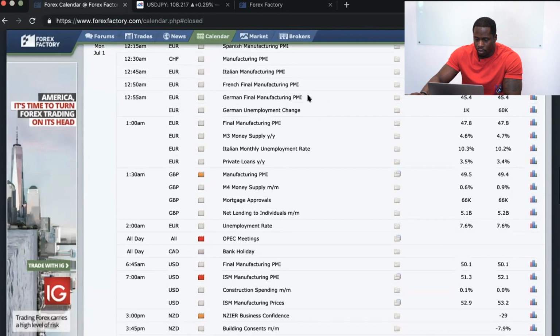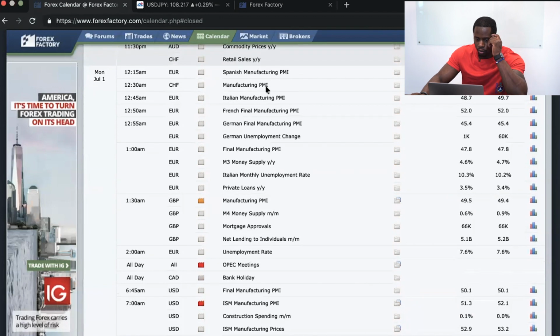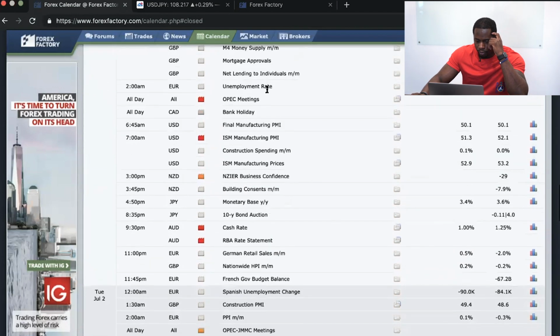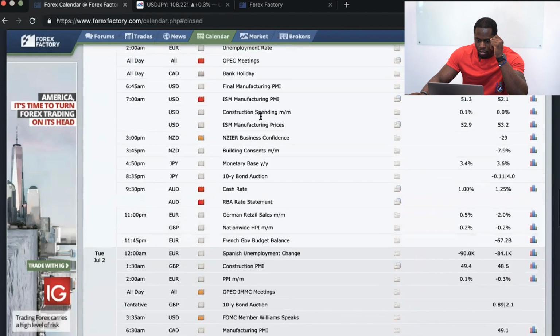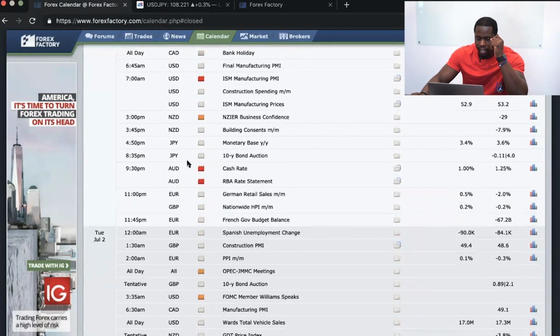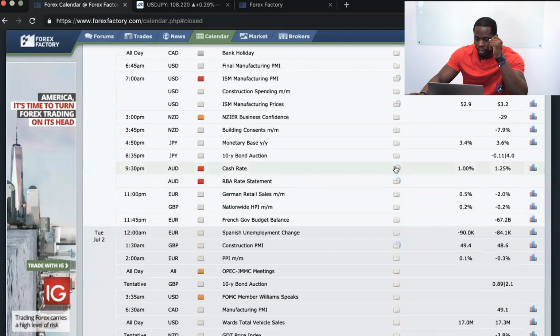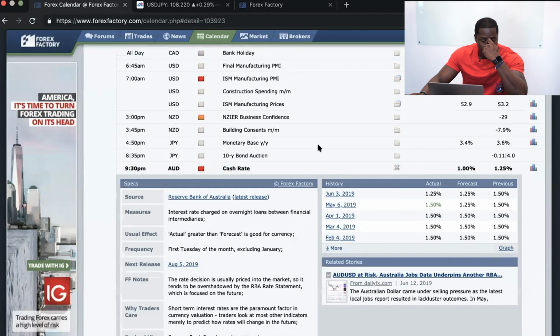I'm not going to bother even looking at that, allowing the market just to move. Tuesday morning, we're actually going to start to pick this up. Actually, Monday night will be very interesting on the AUD news.